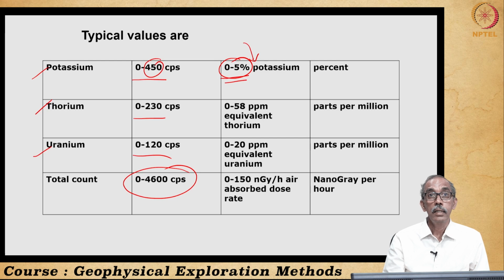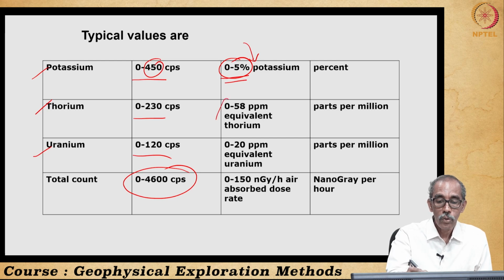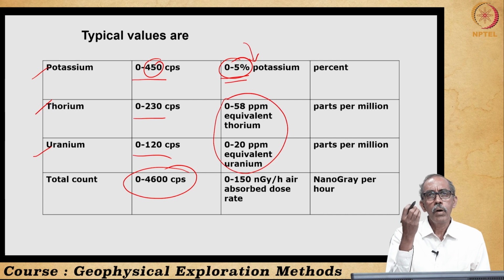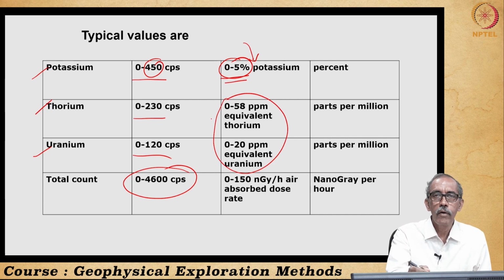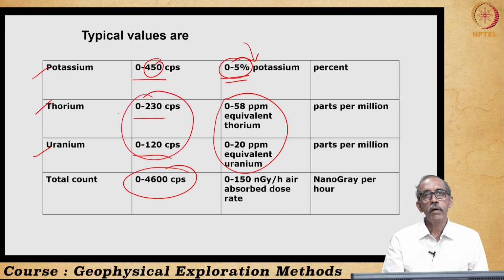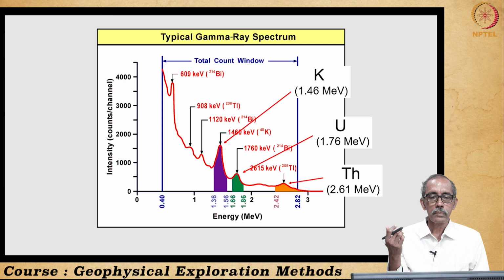On the other hand, for uranium and thorium, even if a small amount, about 30 to 40 ppm, parts per million, is present, it is able to produce so many counts per second. That is why in the display I showed you, the potassium is expressed in percentage, whereas the remaining were expressed in terms of ppm, right.